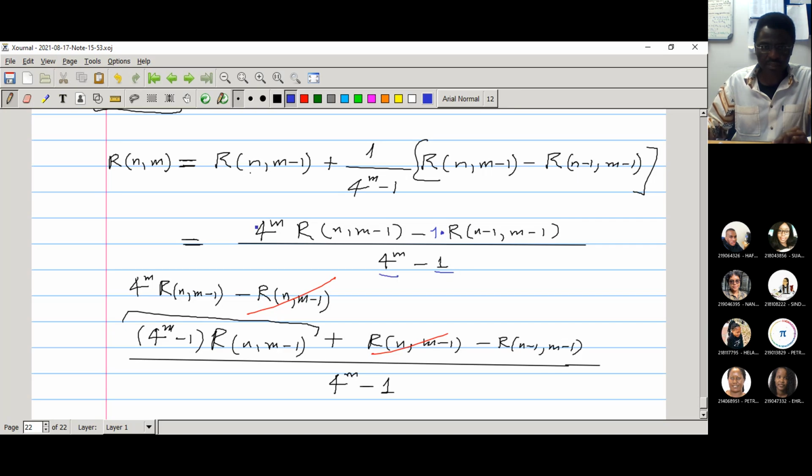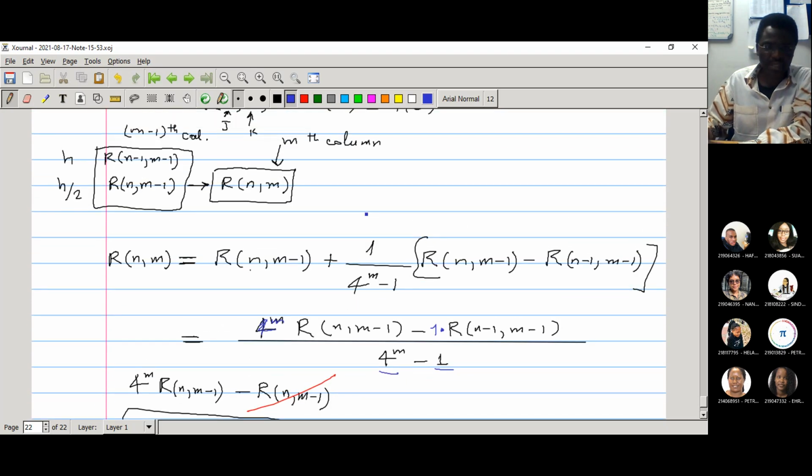And this one is this. So you see that we have a weighted sum of these two. So in other words, this is a weighted sum of these two.